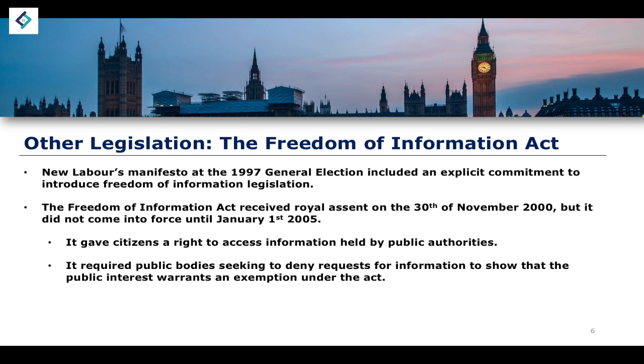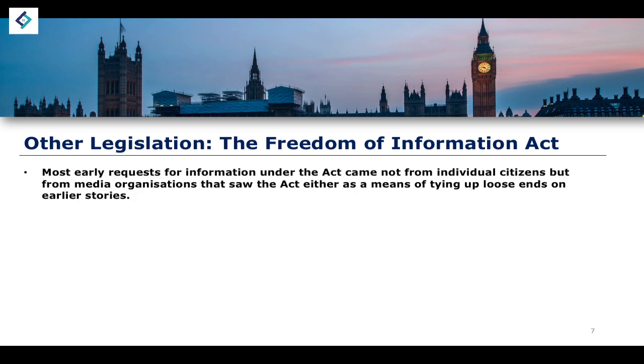So essentially the burden was on the public authorities to prove that the information should not be released, rather than the burden of proof being on the citizens to prove that it should be released. It's the discretion and the right of any citizen to access any information held by public bodies, unless otherwise stated as an exception under the Act by those bodies themselves.